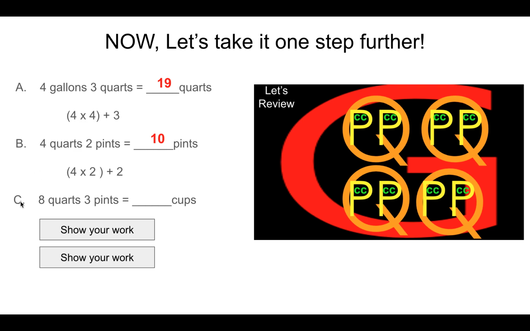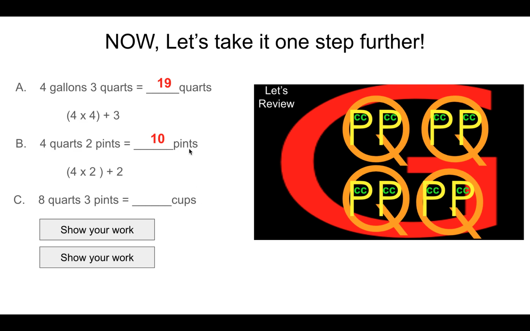Now, we're going to take a look at C. This one is a step further and a little bit harder. So, 8 quarts, 3 pints equals how many cups? In this one, it's a little bit different.